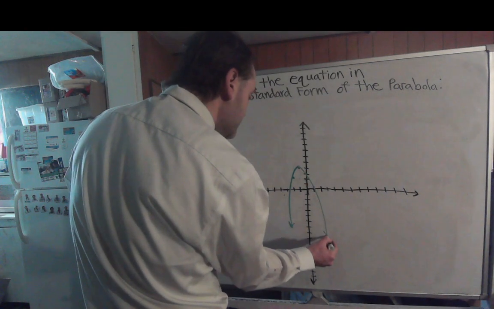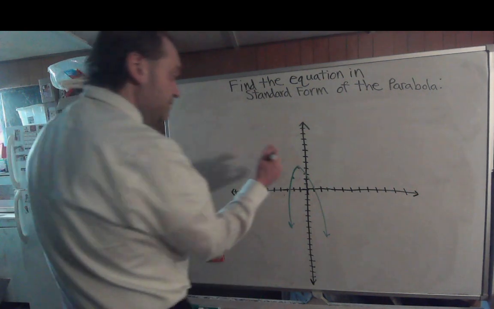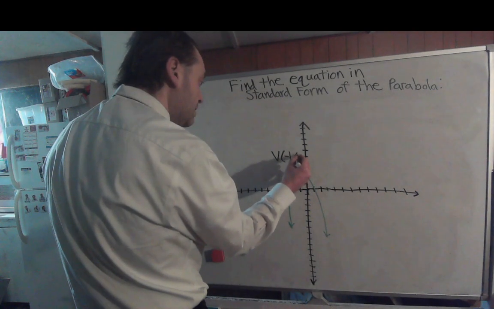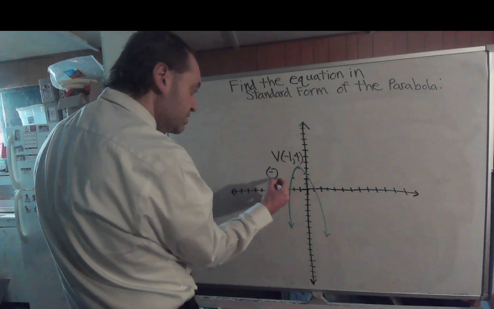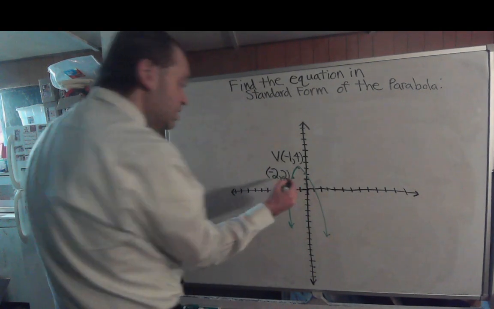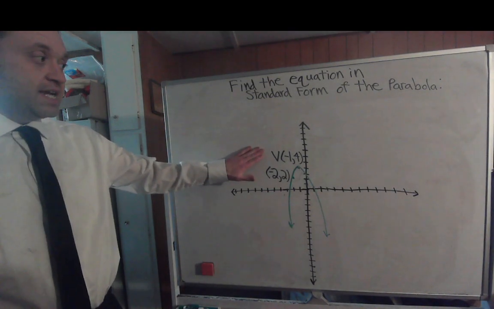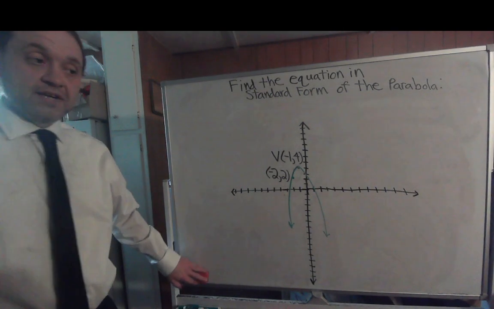We don't even need to know intercepts, but what we do know is the vertex is at (-1, 4). It passes through the point (-2, 2). Alright, so the parabola has a vertex at (-1, 4) and passes through the point (-2, 2).